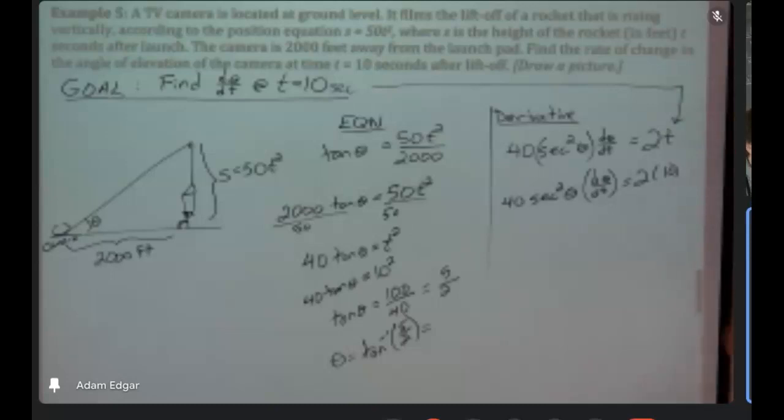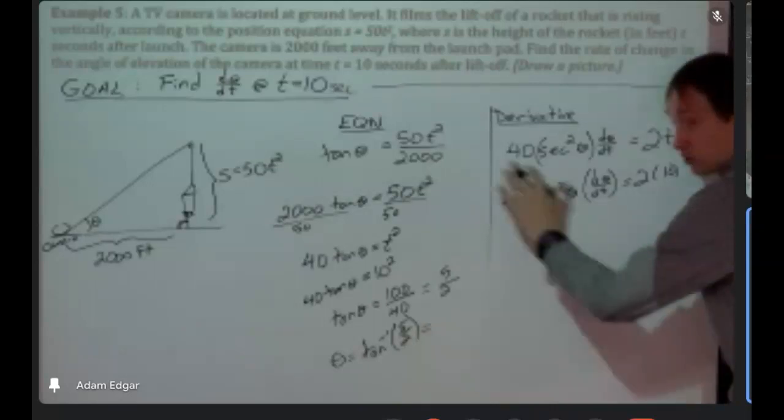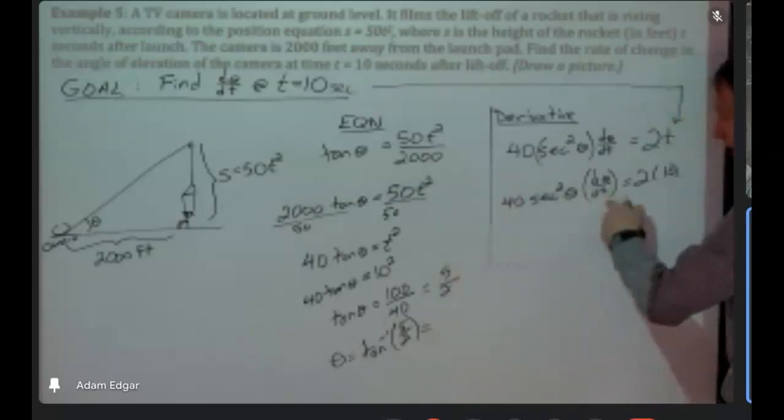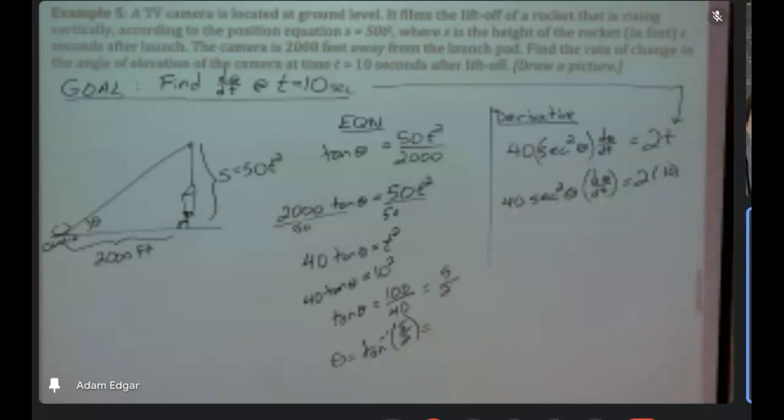I would recommend radians because when you find the rate of change of your angle, it will be in radians per second. Even if you do all this work in degrees, pretty sure it'll still be in radians per second. So just put your calculator in radians so there's a little bit less confusion.